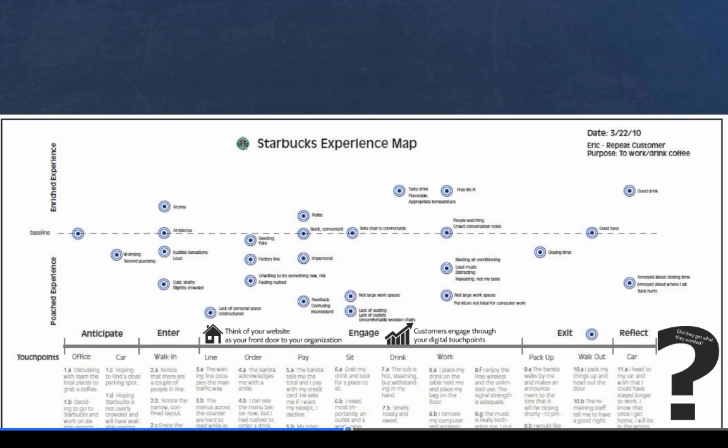We could very easily make it better for the young mom who comes in with her crying toddler, and Kazan could tell you about the experience that she had recently. But we have an opportunity there to make her experience better and keep her as a repeat customer, and also keep the other customers who would be affected by the crying toddler happy too. So you see these moments of truth and you look for ways to make them better and to find an opportunity to enrich the customer experience throughout.